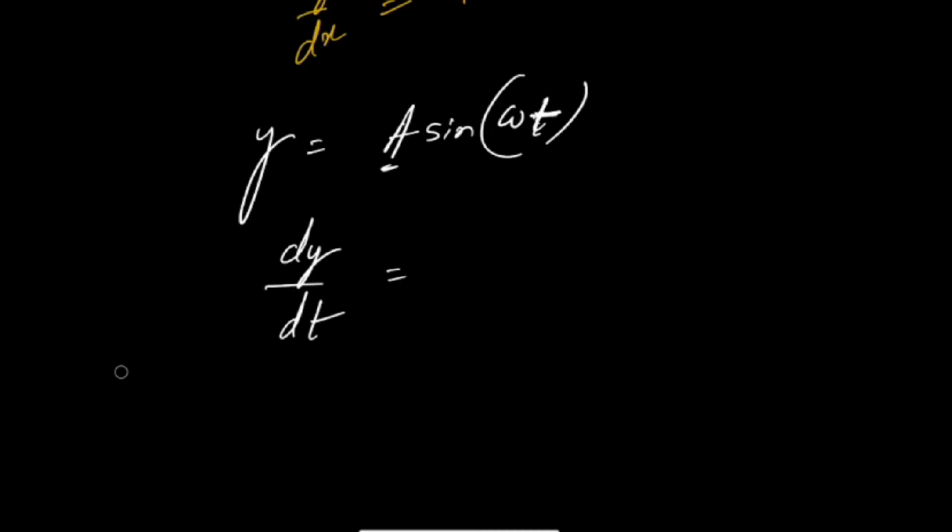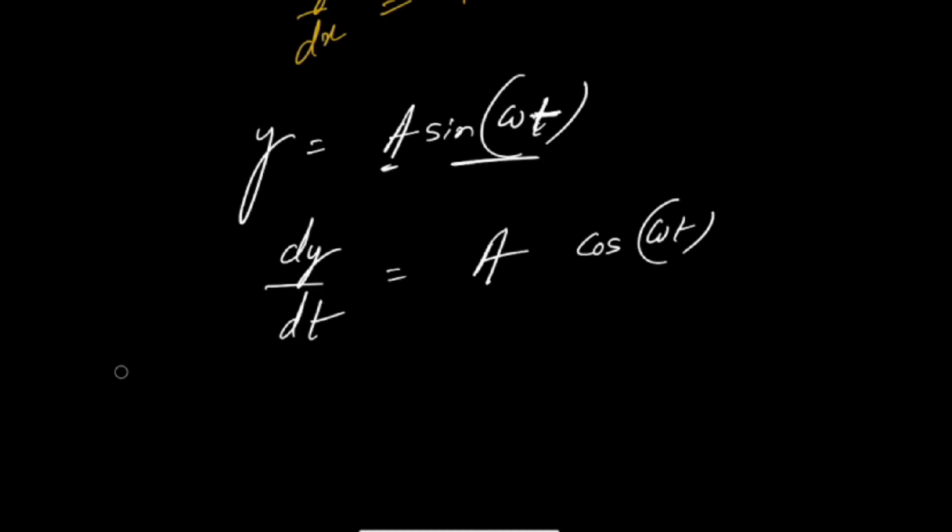A is a constant, so constants come out while you are doing derivatives, because even if there is a constant in our fundamental formula, f of x plus dx minus f of x by dx, that constant can come out and just stay. So constant will come out. What is the derivative of sine omega t? It is cos omega t. Sin t is cos t, so sin omega t is also cos omega t.